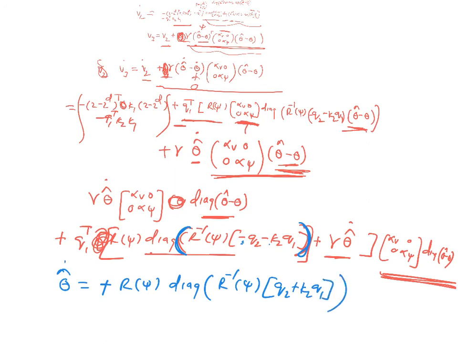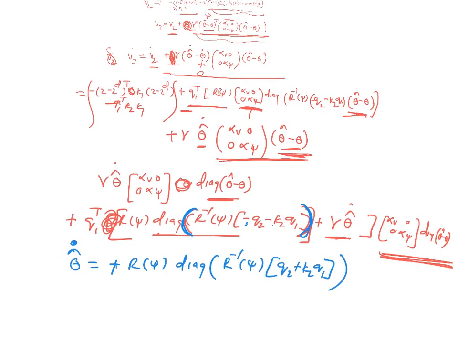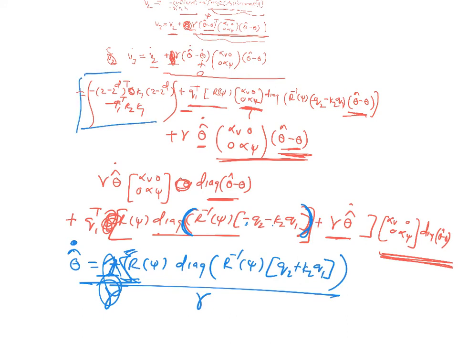If we choose this theta hat dot to be this 1 over gamma. So 1 over gamma into this quantity. I should not confuse this. This is 1 over gamma. So this will make everything go to 0, and then only term remaining will be this negative definite term.